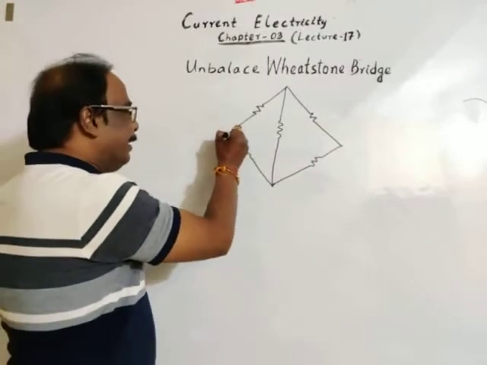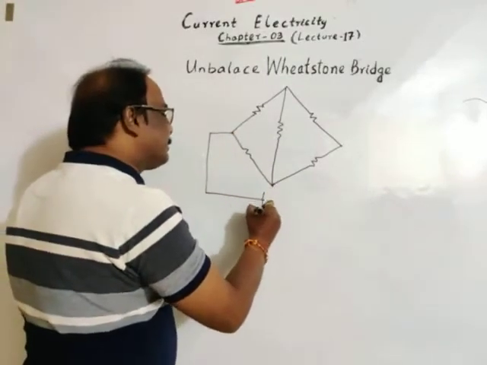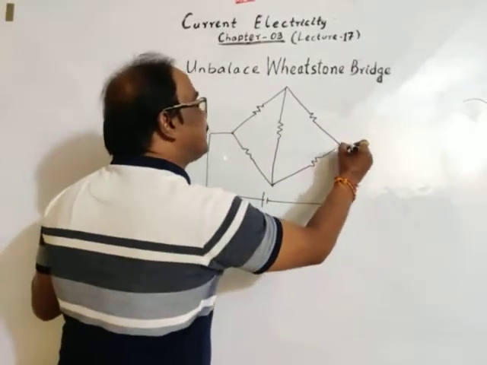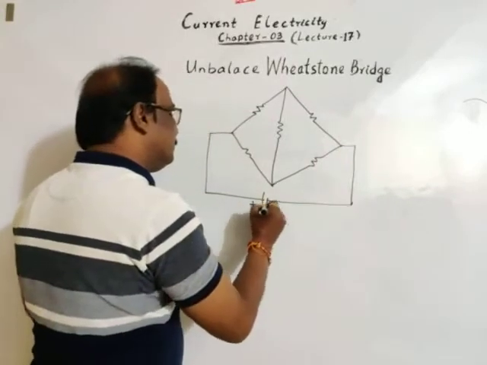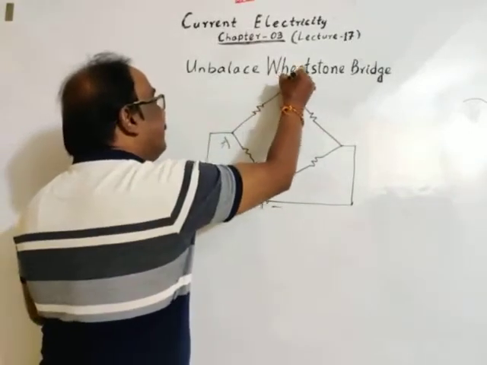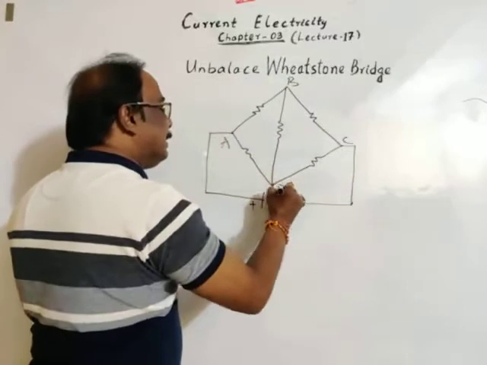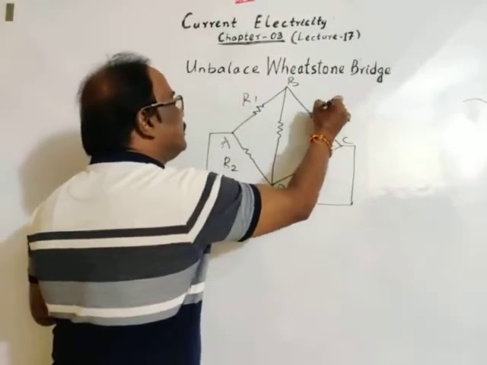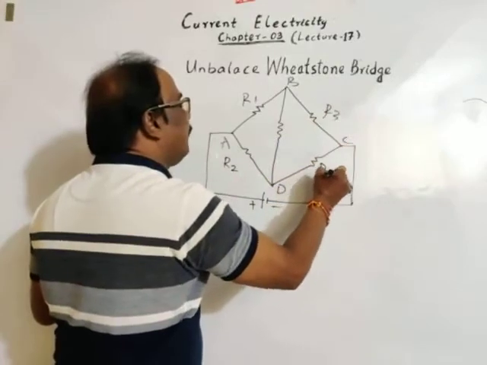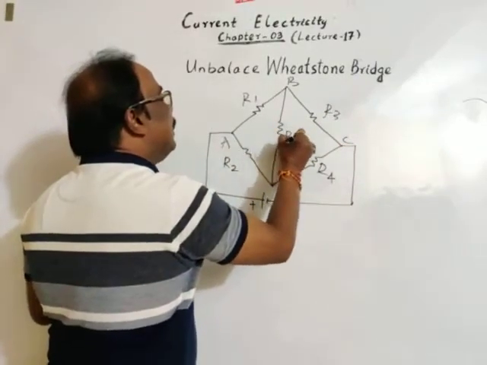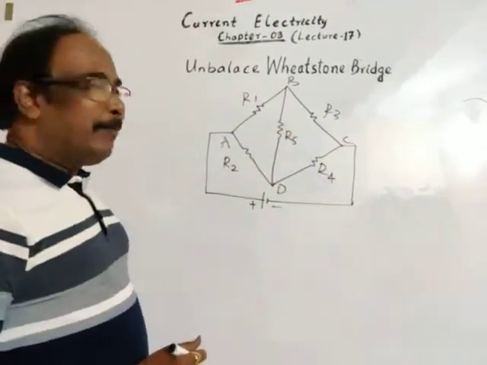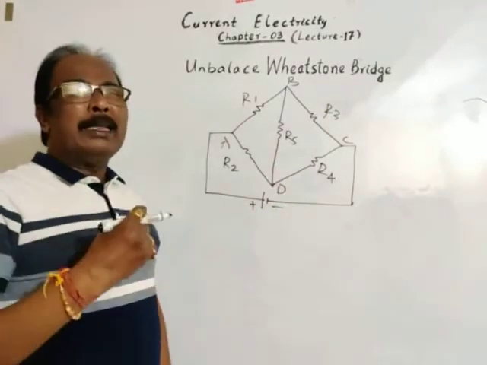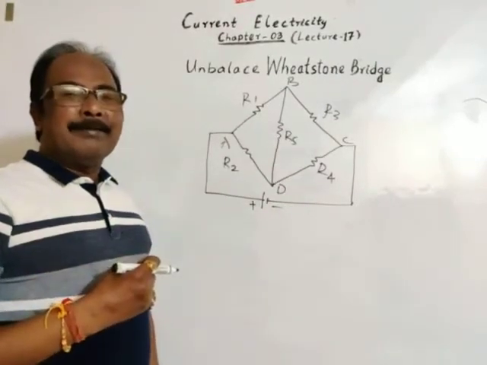Then it is connected to the terminals of a cell. Label the points A, B, C, D. Let the resistances be R1, R2, R3, R4, and R5. Then what is the balance condition?